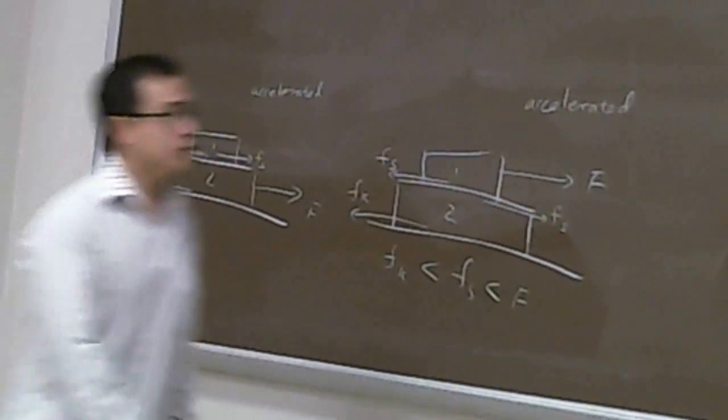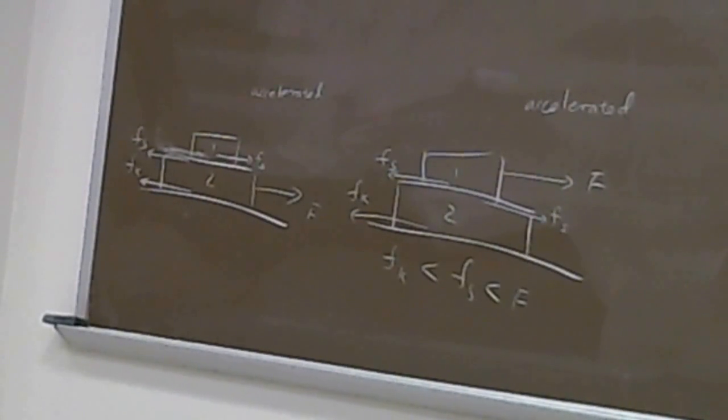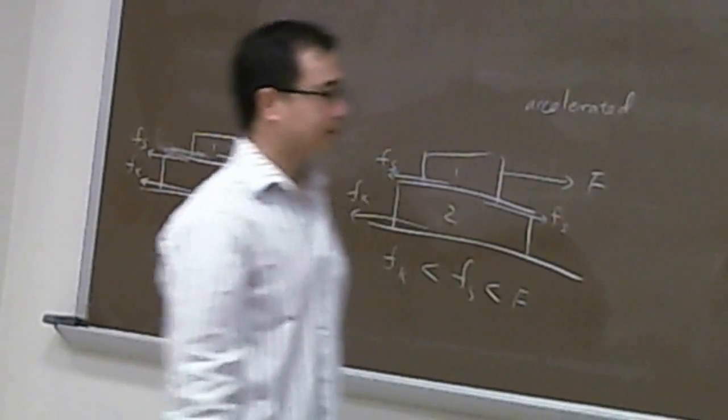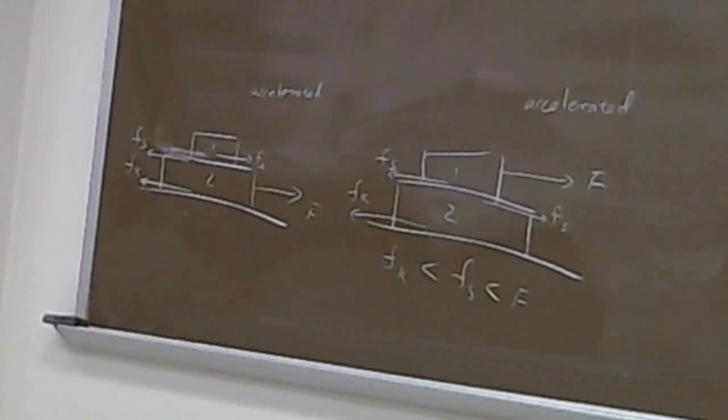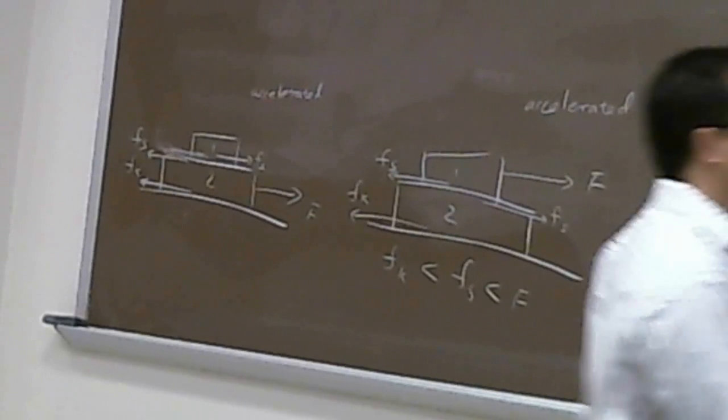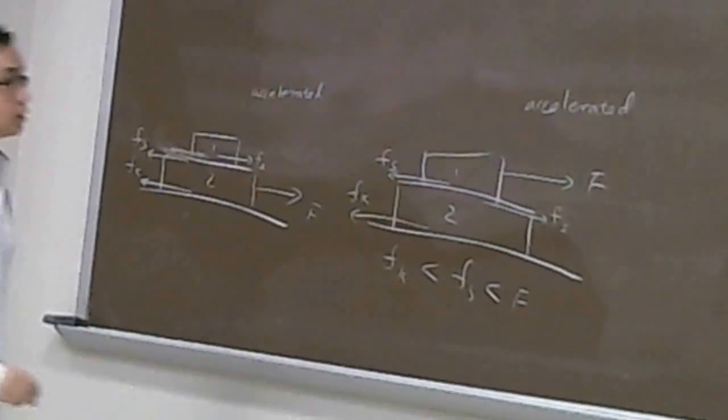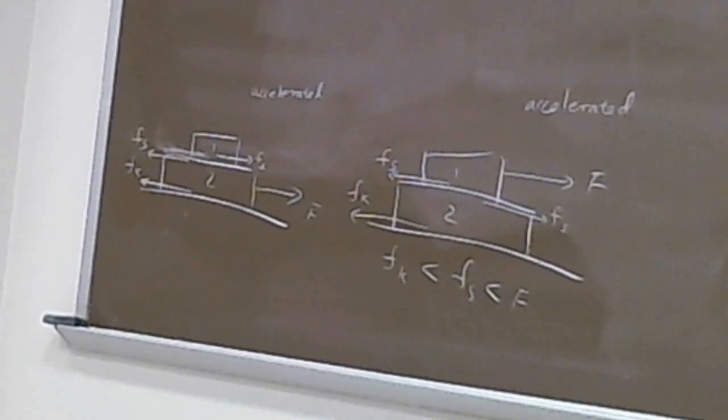And this one, you got Fs equals Fk equals external F. And similar here, you have Fs and Fk, but Fs must be equal to Fk in this case, equals external F. Oh, you don't have Fk. All of them are Fs, so F equals Fs.